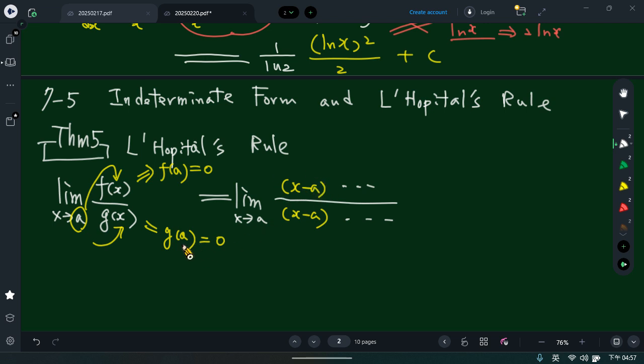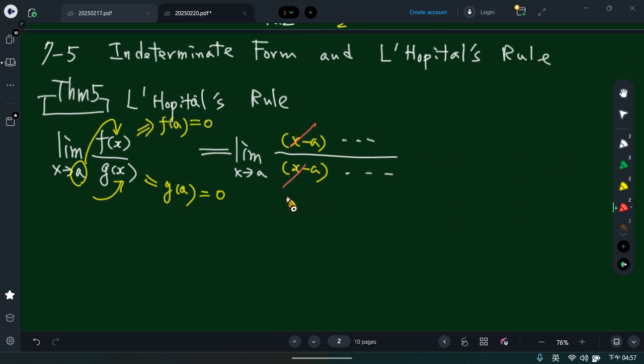Similarly for g of x, if g of a is equal to 0, then we can try to factorize g of x with a factor of x minus a. So that we can just cancel it and continue to use a to replace x. Then we can get the final result. So this is the way we proceed when we encounter this situation.